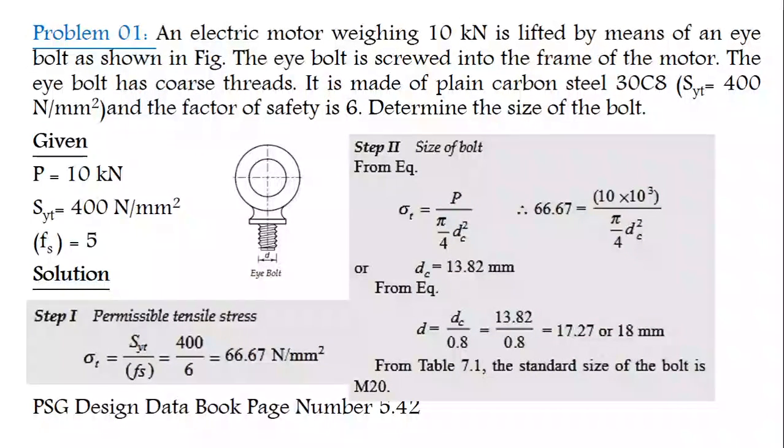The eye bolt is used for lifting and transporting heavy machinery on the shop floor. It consists of a ring of circular cross section at the top end of the threaded portion.